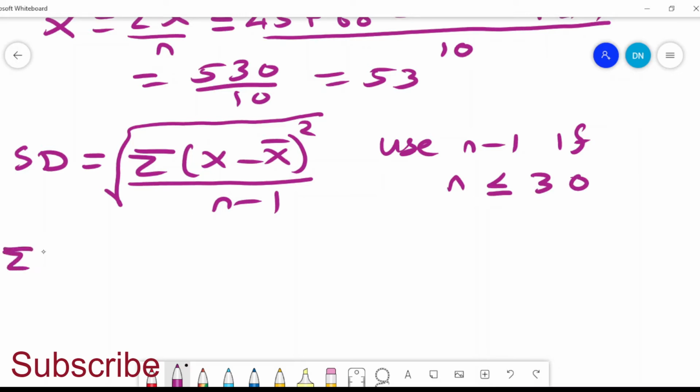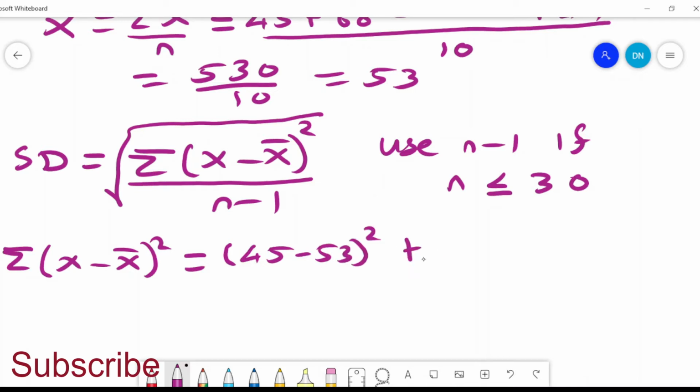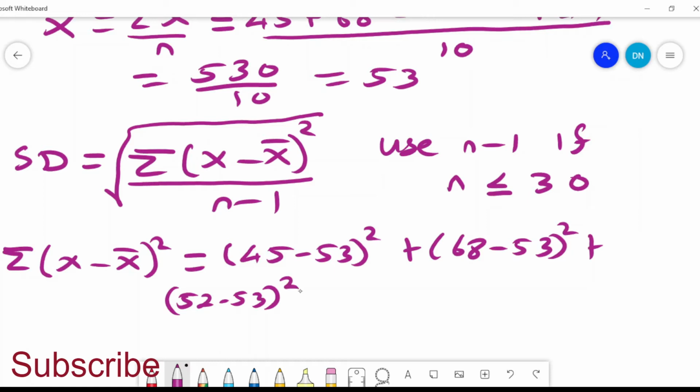We take each one of the values and then we square it and sum it. The first value that we have is 45, so it's 45 minus 53 squared. You get the value. And then we have 68 minus 53 squared, and then the list goes on. We get the third one, which is 52 minus 53 squared. So our values will be positive because of the squaring of them.